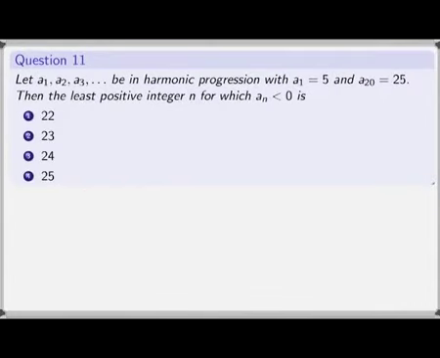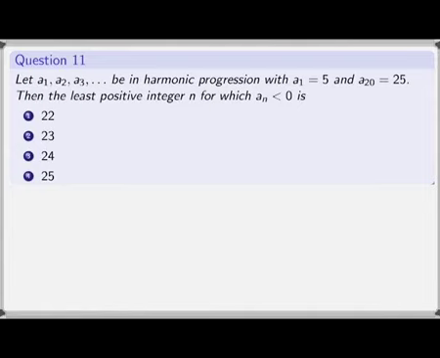This is our 11th question. Let A1, A2, A3 and so on and so forth be an infinite harmonic progression with the first term being 5 and the 20th term being 25. We shall find out the least positive integer n for which an is negative.